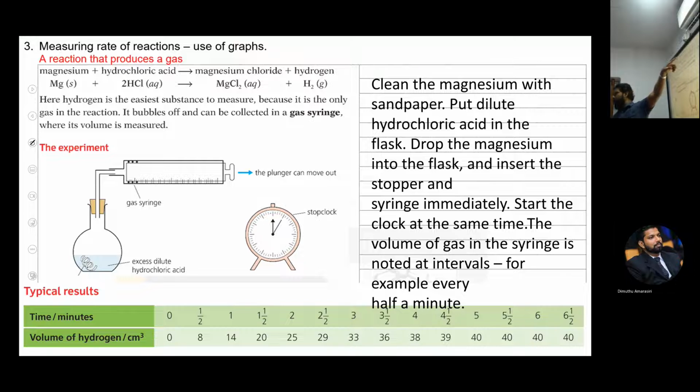What can you measure here? What do you measure to get the rate of this reaction?